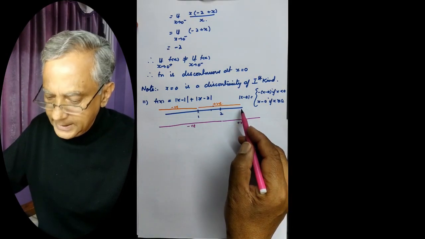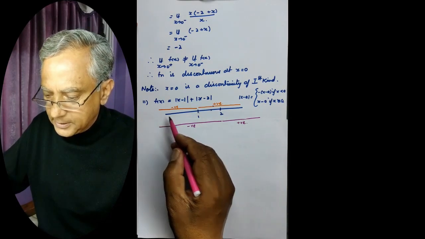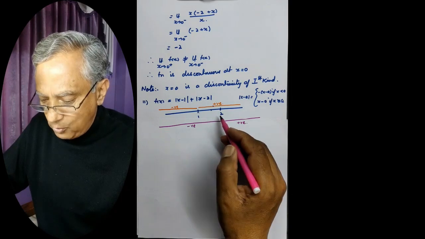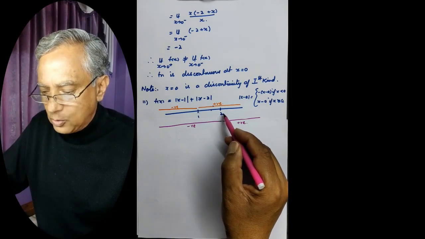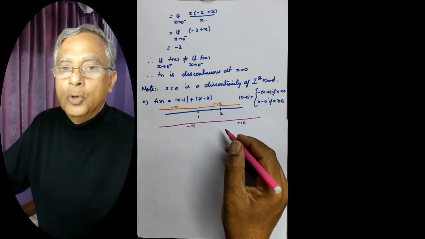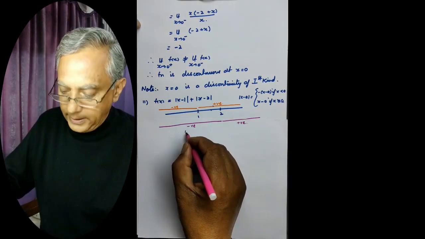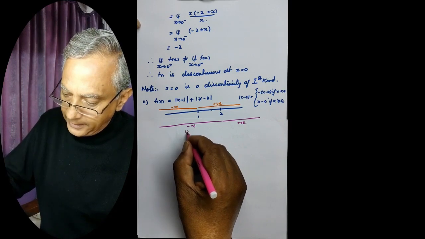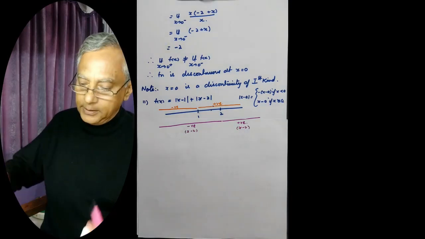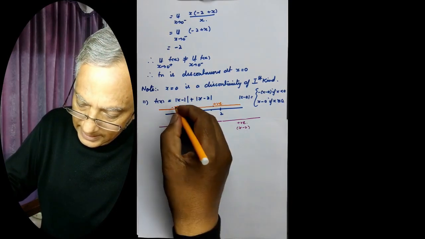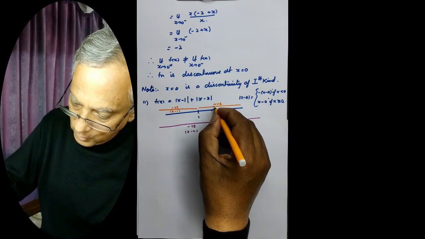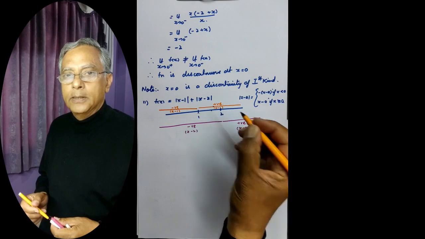So what we do is we break this number line into three intervals. From x less than 1, 1 is less than or equal to x is less than 2, and x greater than or equal to 2. Here x minus 2 is negative and here x minus 2 is positive. And in this interval, x minus 1 is negative and here x minus 1 is positive.